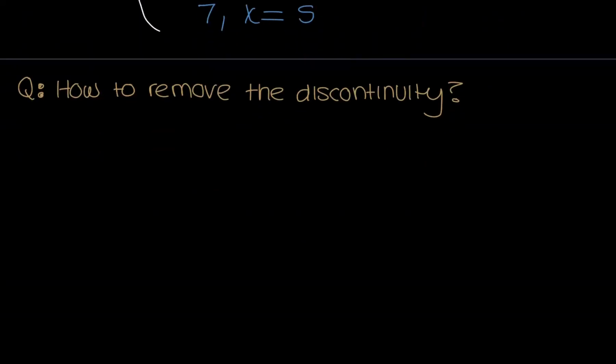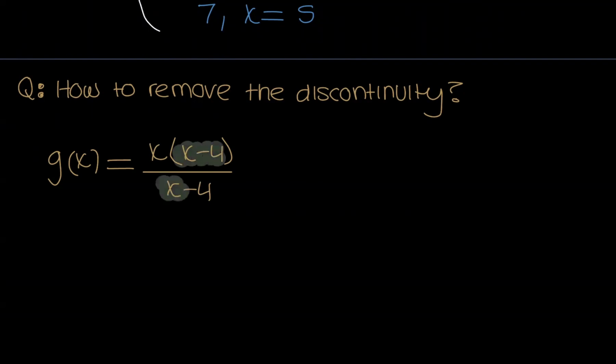If you have a function like, let's say, g of x equals x squared minus 16 over x minus 4, you can see here that we have a discontinuity at x equals 4. We know that we have a hole at x equals 4.